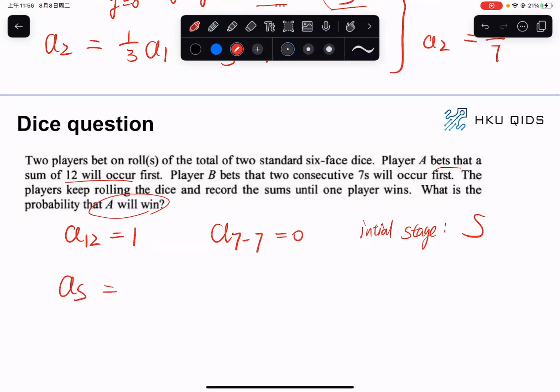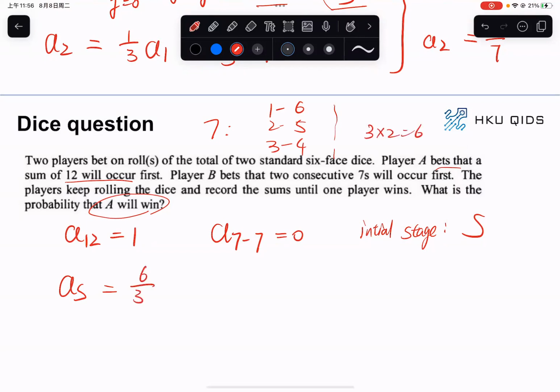if it gives us a 7, which has a probability of what? If we want a 7, how many combinations can there be? 1,6, 2,5, and 3,4, and the reverse of all these three, right? So in total, there are 6 of them.